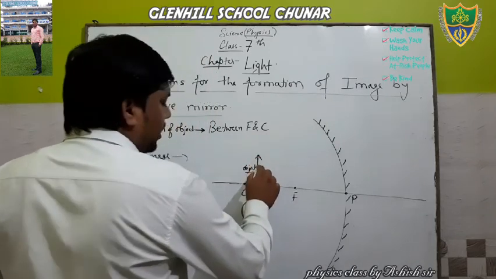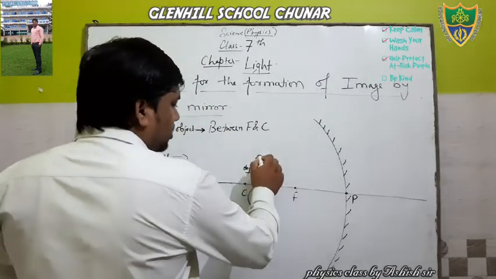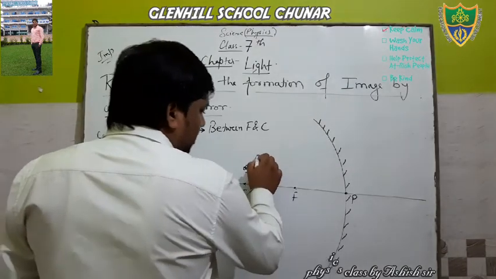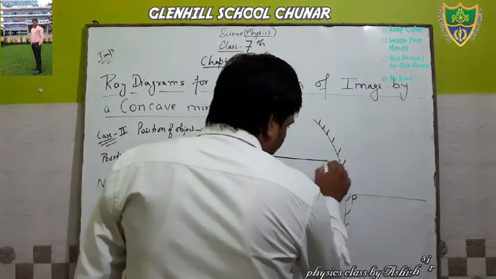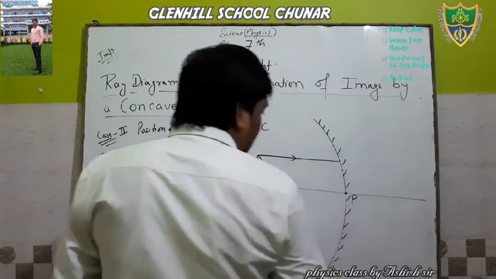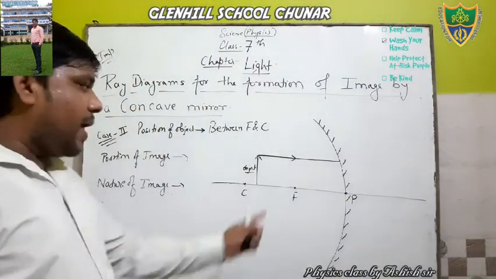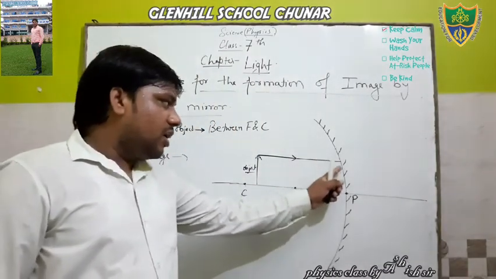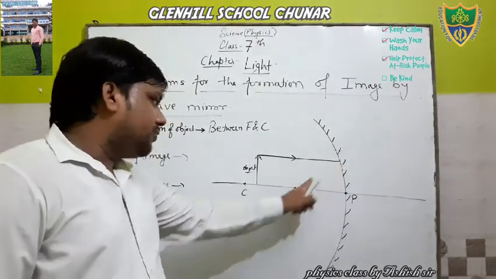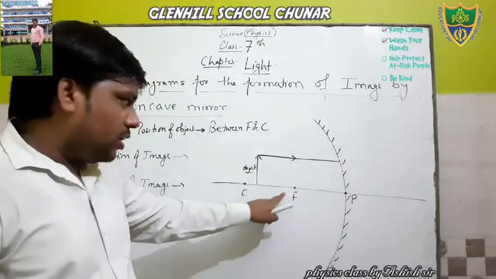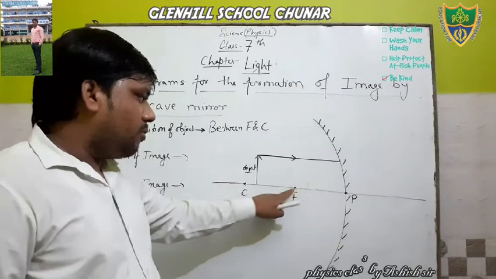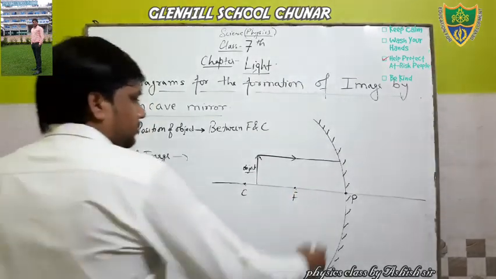The first ray is going parallel to the principal axis from the tip of the object like this, and any ray which is parallel to the principal axis, after reflection goes through the focus.